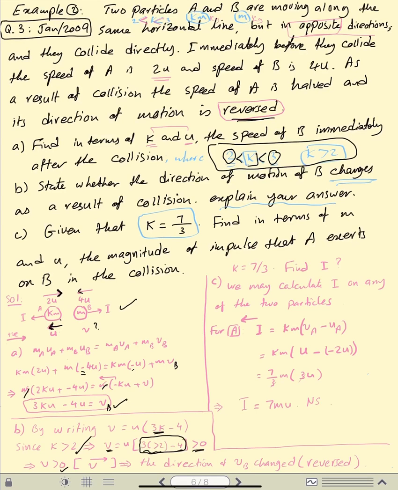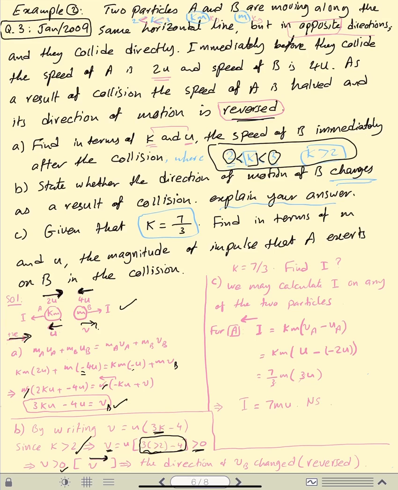Good. What does this tell us? So this is the direction with positive. Based on this, dear students, the direction that I started with opposes its initial velocity before the collision. So this is the velocity of particle B before, it is now in this direction.